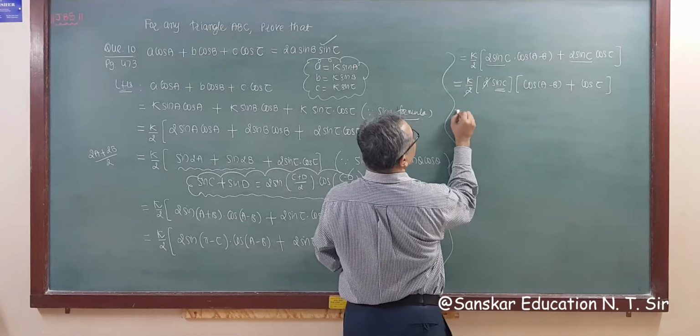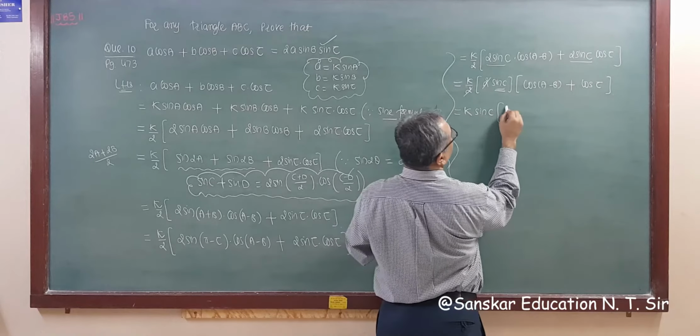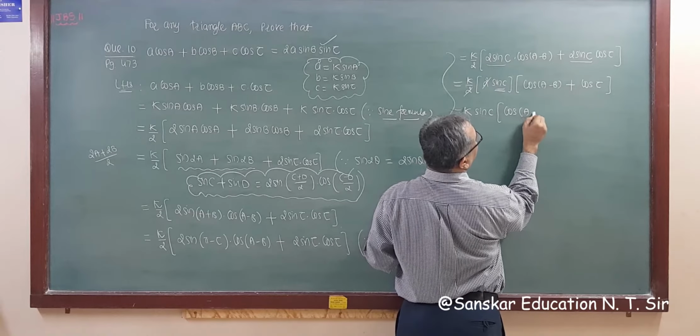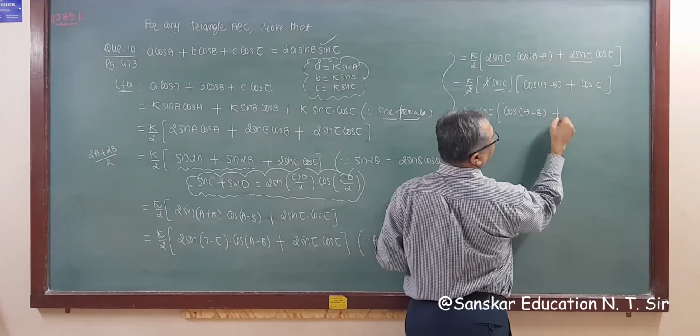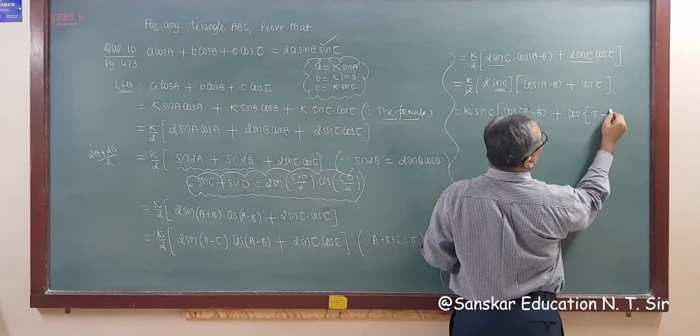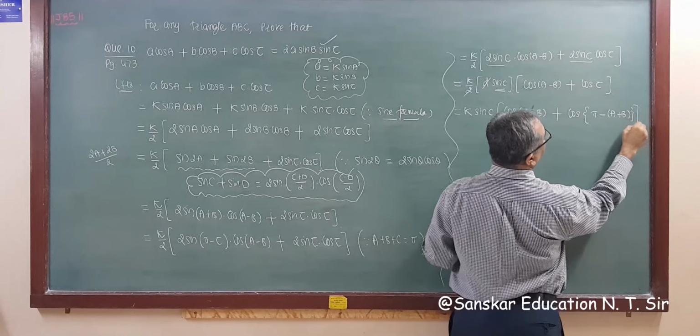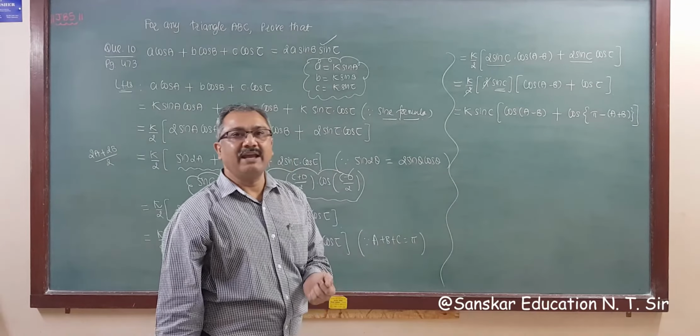So replacing, this is K sin C into cos(A minus B) plus cos of pi minus (A plus B).